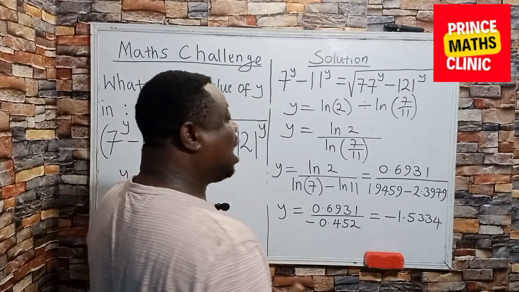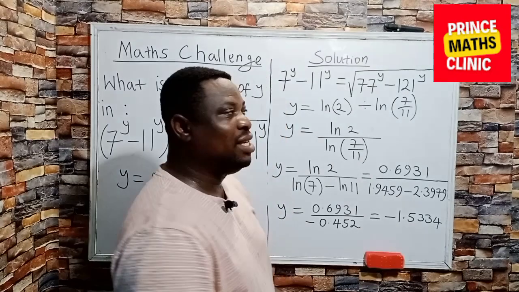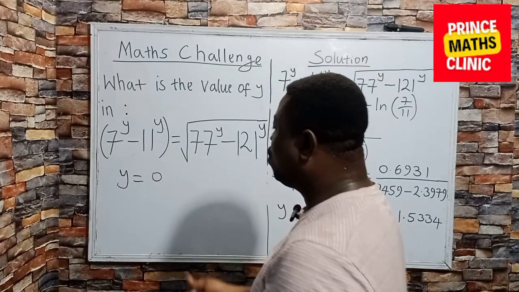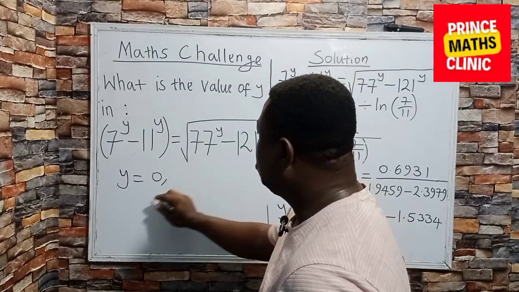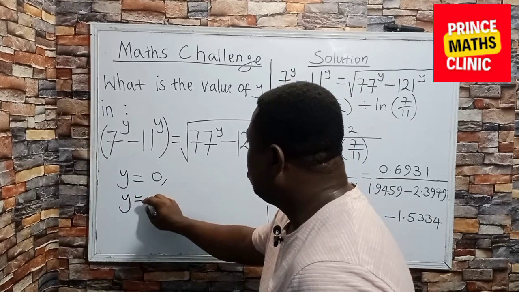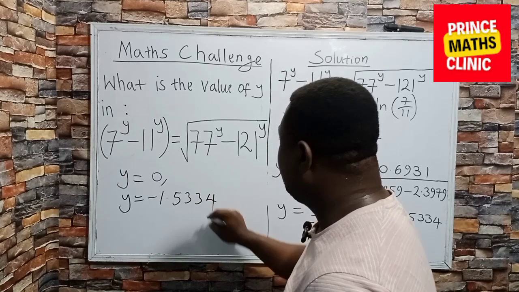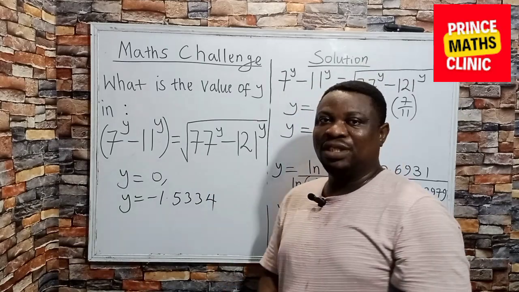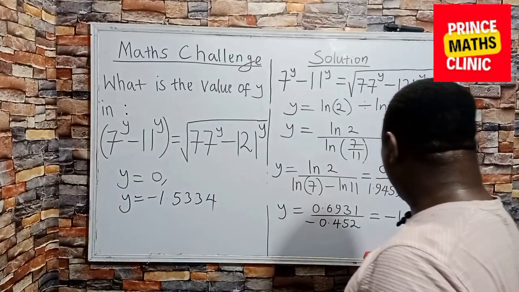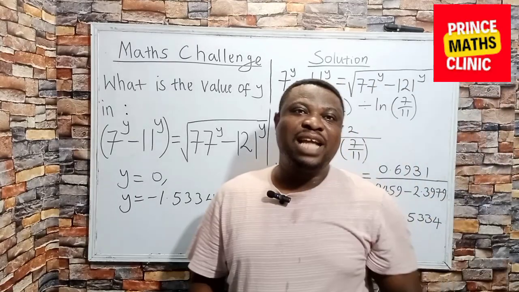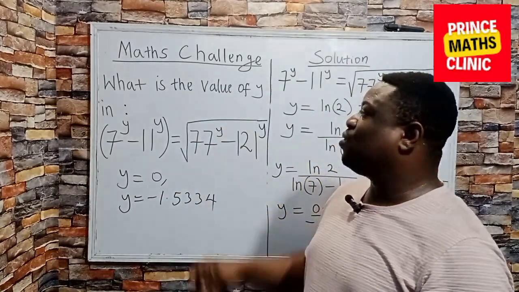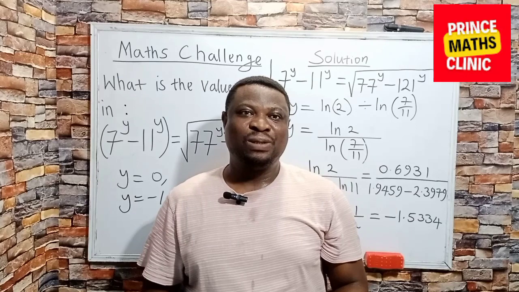So it means that the second value for y that suits this equation is minus 1.5334. These are the values for y that satisfy this particular equation.